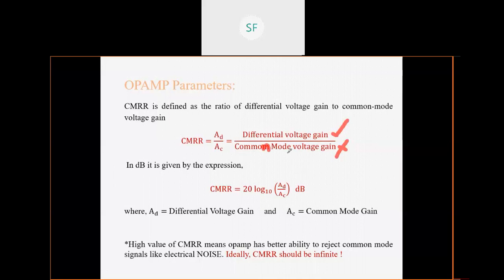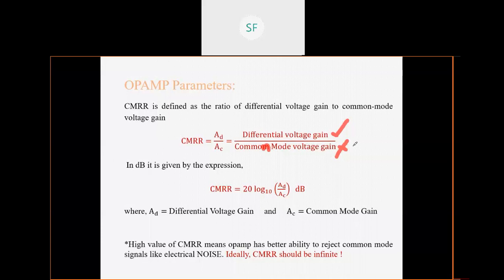So this should be common mode voltage gain, and it should be as minimum as possible, because common mode signals are nothing but noise signals and there is no need to amplify your noise. You know, gain is nothing but a parameter of amplification.